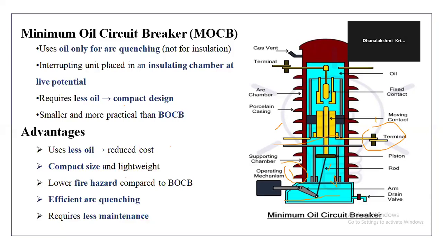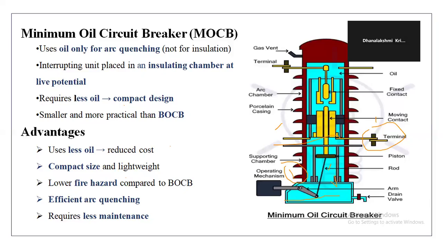For this reason, the quantity of oil in a bulk oil circuit breaker becomes very high as system voltage increases. This not only increases the tank size and weight of the breaker, but it also increases the fire risk and maintenance problems.